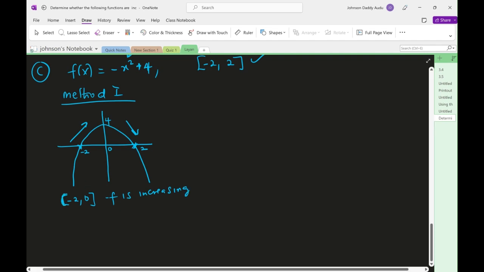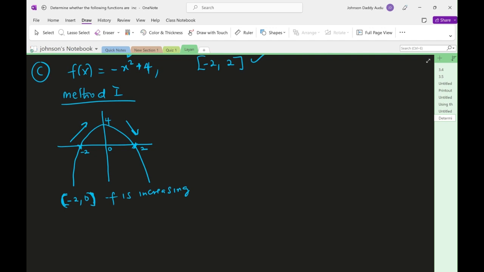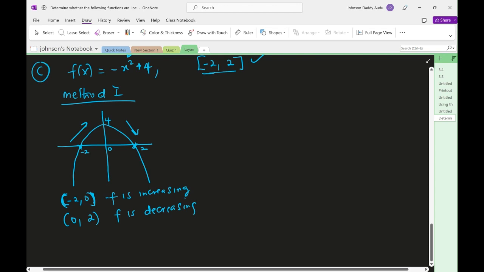But between, let's just leave it open instead of closing them, then between 0 and 2, f is decreasing.